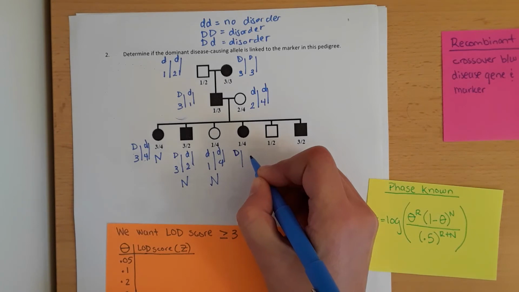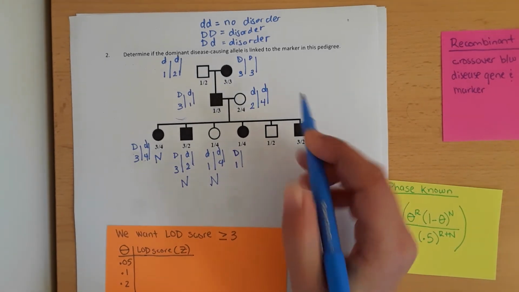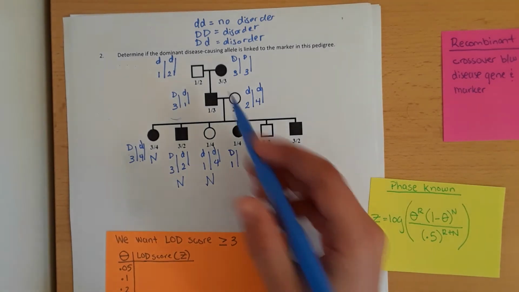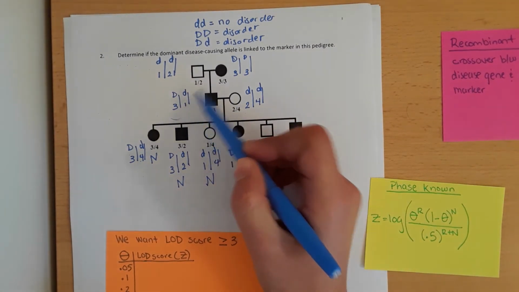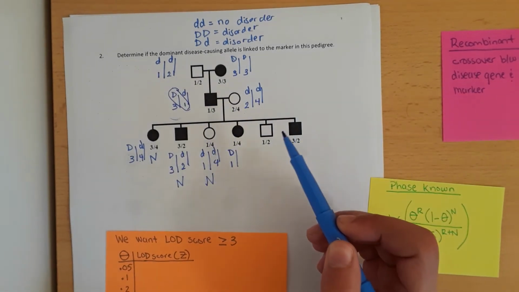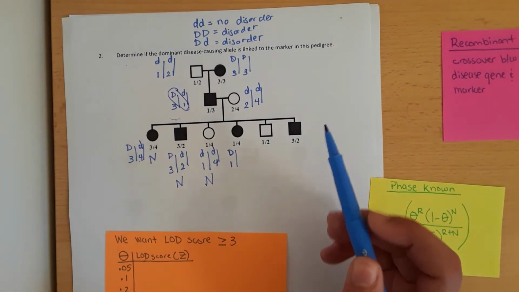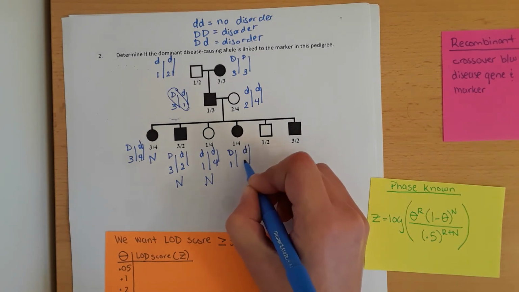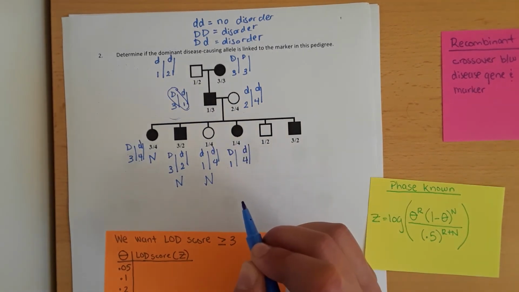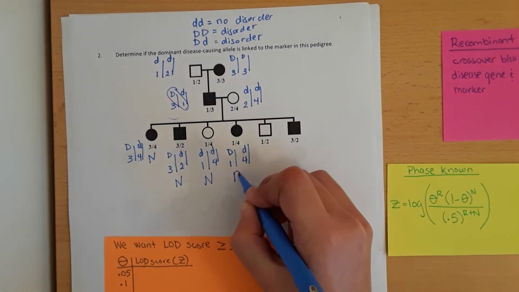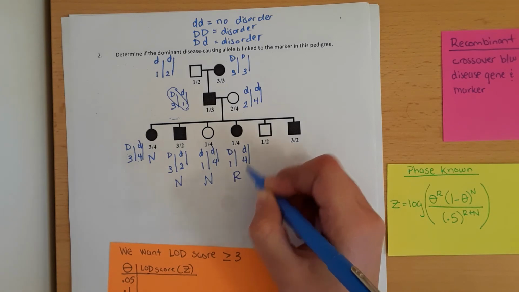So what must have happened is that a little crossover occurred, where instead of having a little d1, they have a big D1, like so. And they still have a little d4 from mom. So this person would be recombinant because crossover occurred.